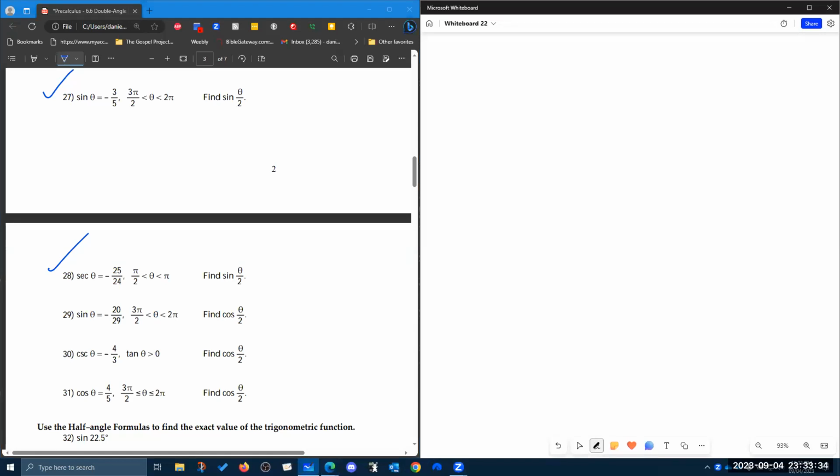We're going to be in quadrant 4 again for this one. And the sine value is negative 20 over 29.